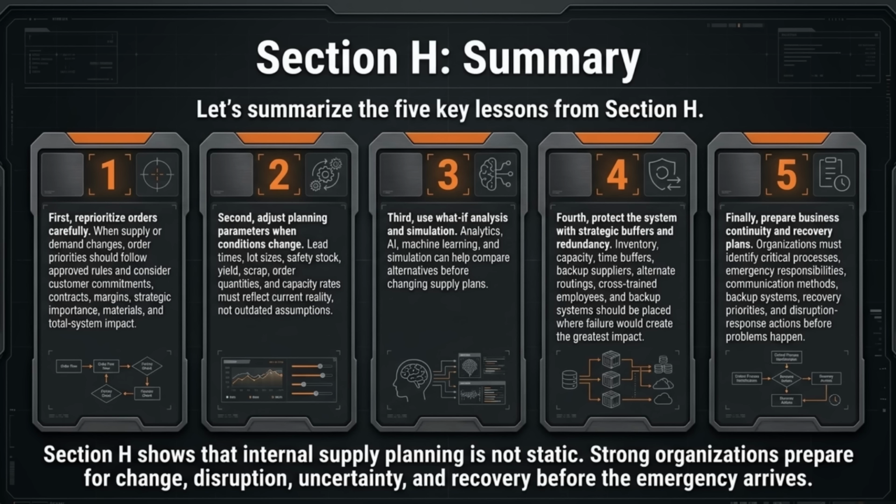Third, use what-if analysis and simulation. Analytics, AI, machine learning, and simulation can help compare alternatives before changing supply plans. Fourth, protect the system with strategic buffers and redundancy. Inventory, capacity, time buffers, backup suppliers, alternate routings, cross-trained employees, and backup systems should be placed where failure would create the greatest impact.